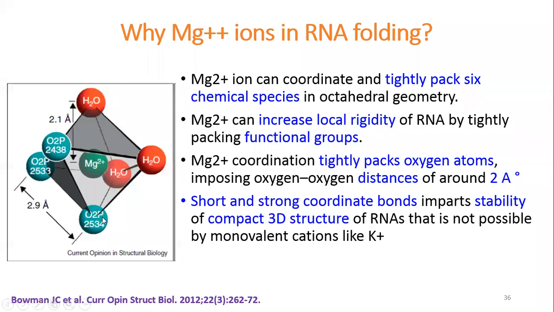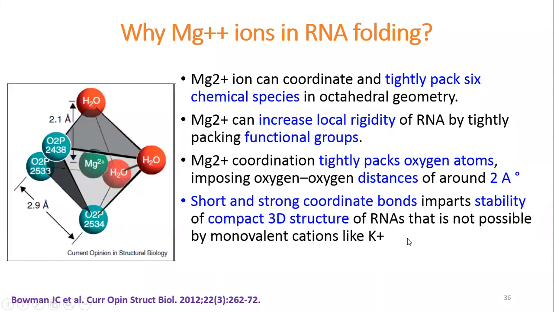So this Mg dipositive ion can increase local rigidity of RNA by tightly packing the functional group. This coordination would tightly pack oxygen atoms at a distance of around 2 angstrom.